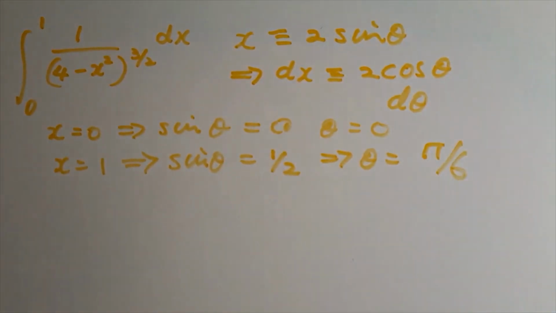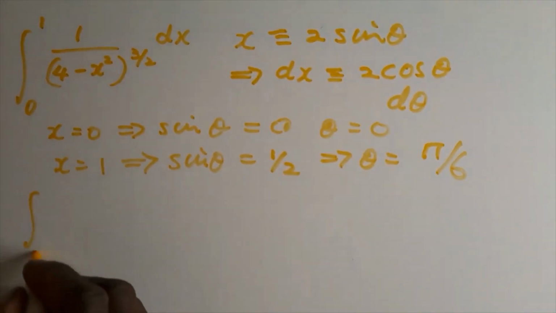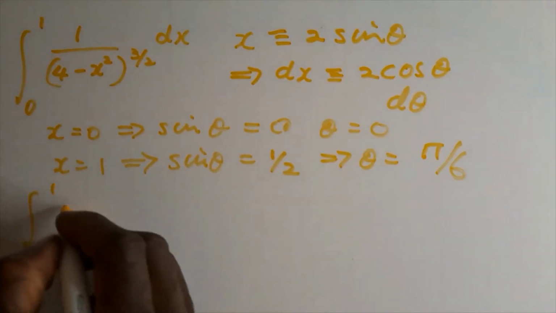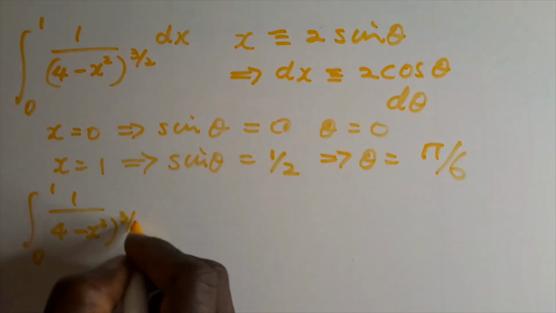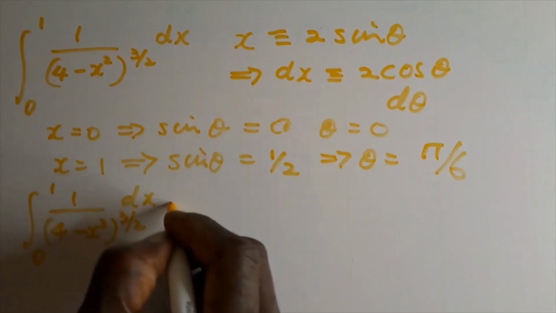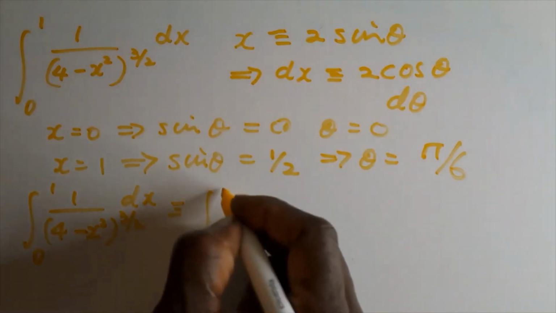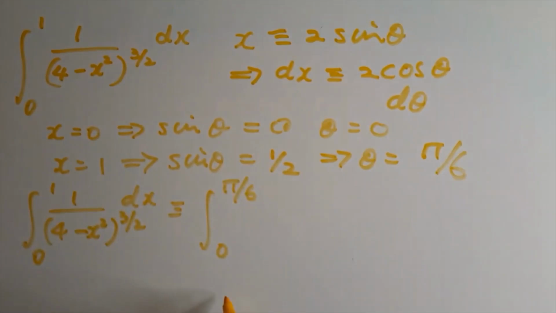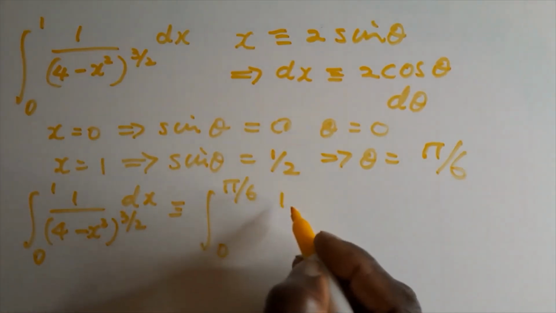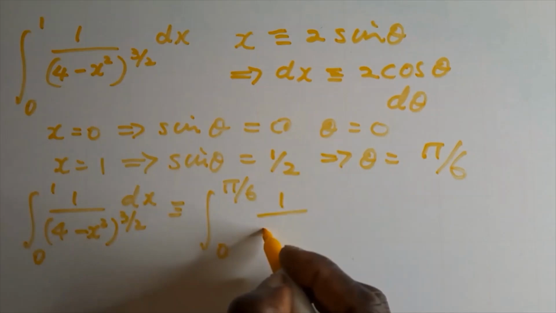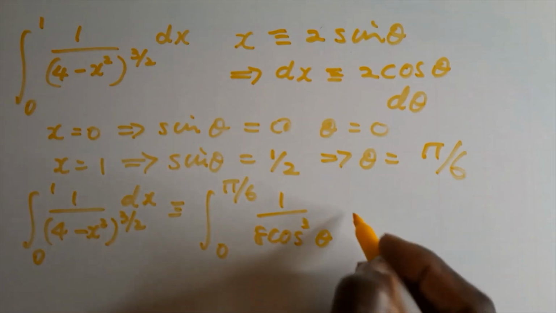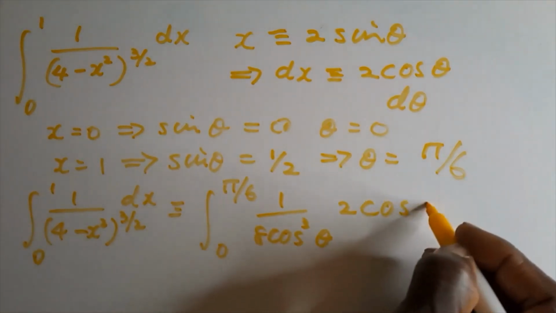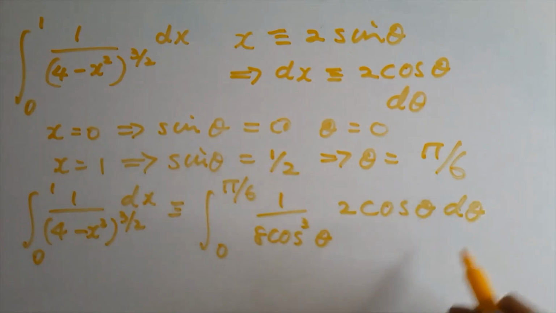So now we can rewrite our integral, the integral from 0 to 1 of 1 over (4 minus x squared) raised to the power 3 over 2 dx, as the integral from 0 to pi over 6 of 1 over 8 cosine cubed theta times 2 cosine theta d theta.